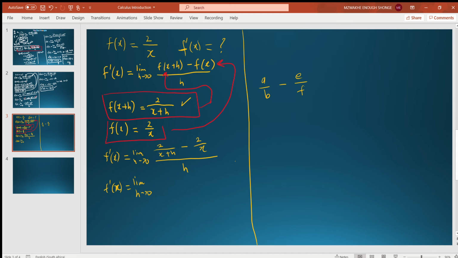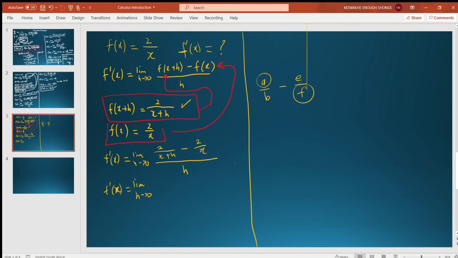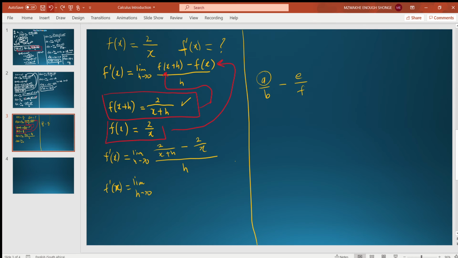The first thing, you multiply a by f, so you'll get af. Then minus b multiplied by e, all over b multiplied by f.